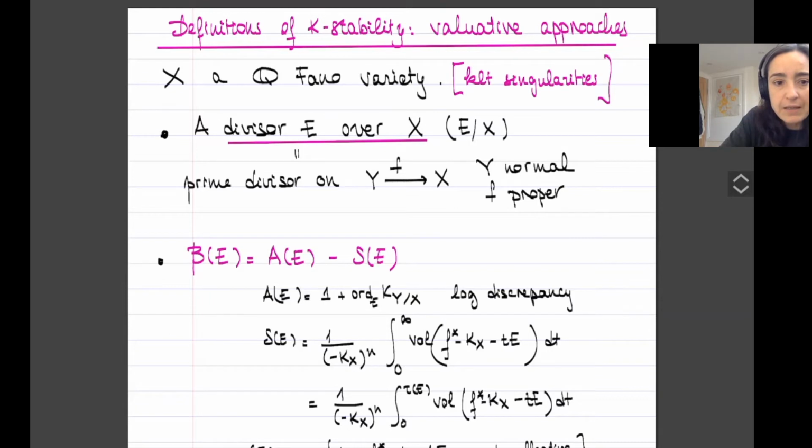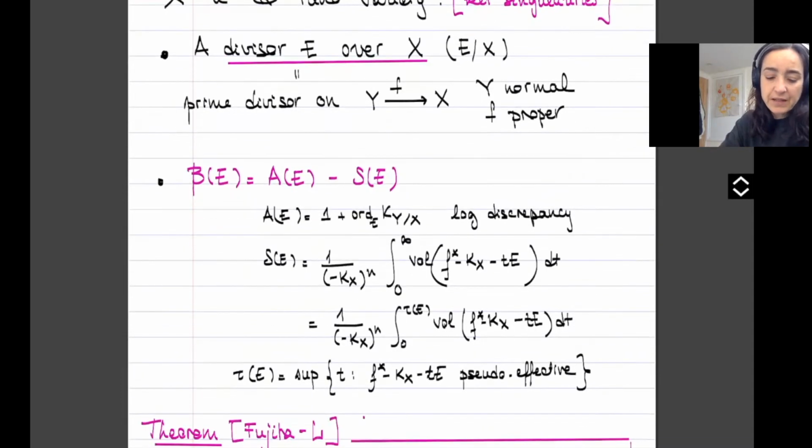A divisor E over X is a prime divisor on some proper normal model of X. So if you've been in birational geometry for a while, that's a b-divisor on X. To every divisor over X you can associate an invariant, which is called the beta invariant, defined as A of E minus S of E, where A of E is the log discrepancy of your divisor.